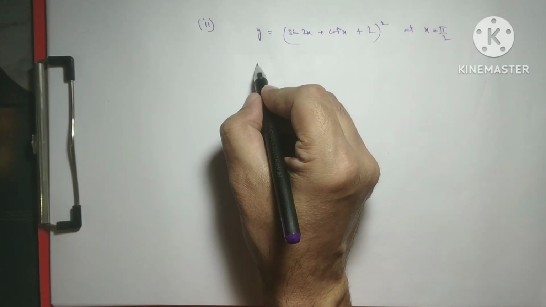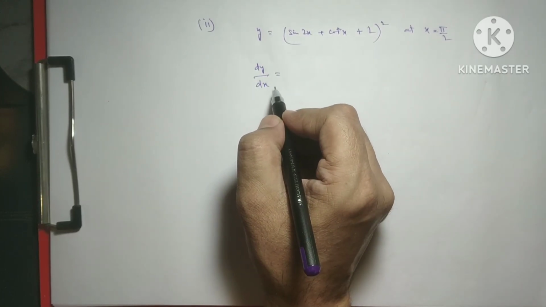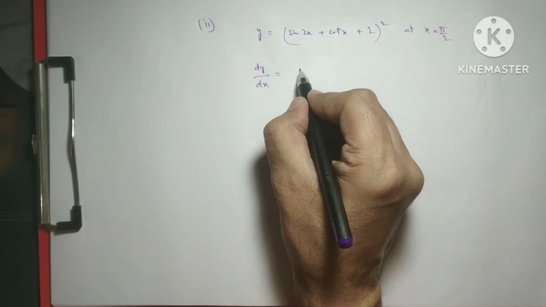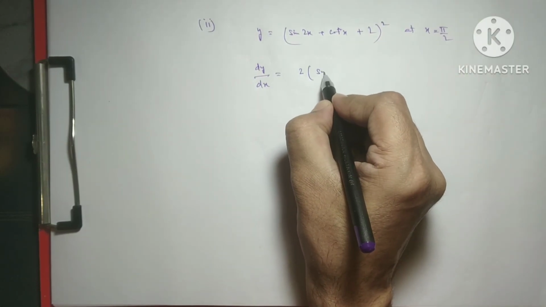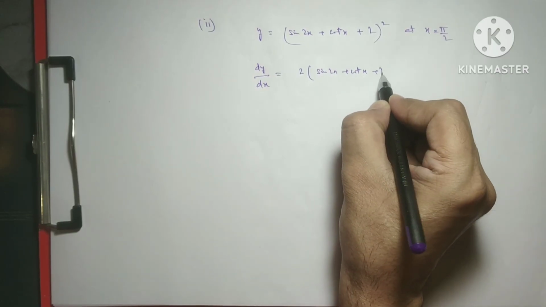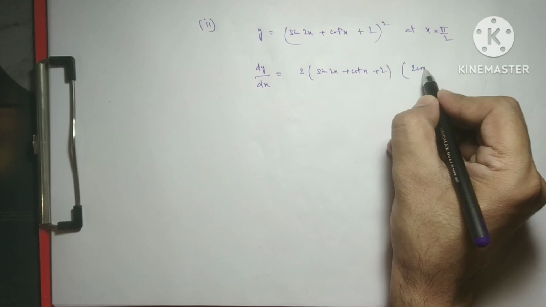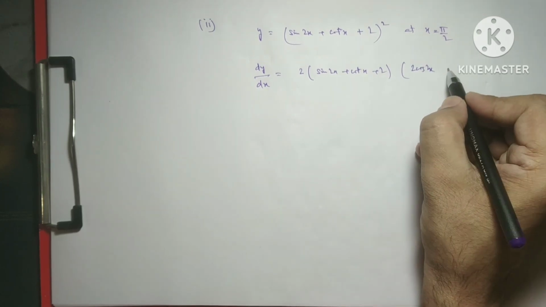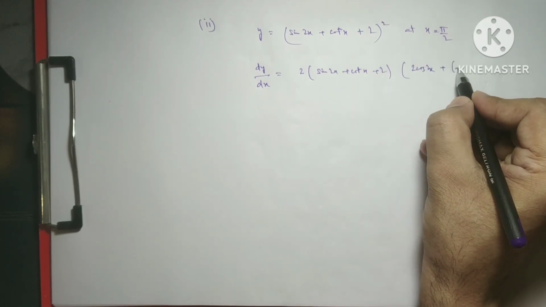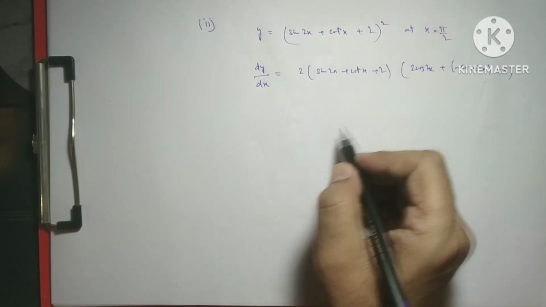So first we obtain the first derivative, so we differentiate it. It is 2 (sin 2x + cot x + 2), and the differentiation of sin 2x is 2 cos 2x, plus minus cosec square x and 0.